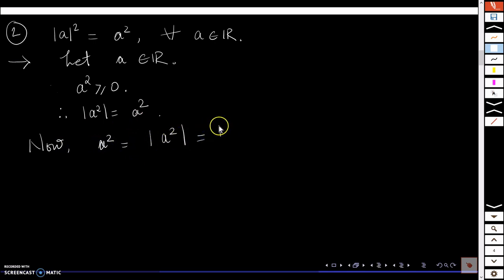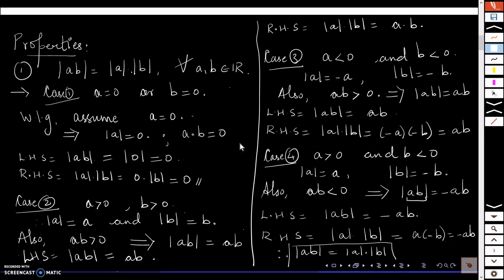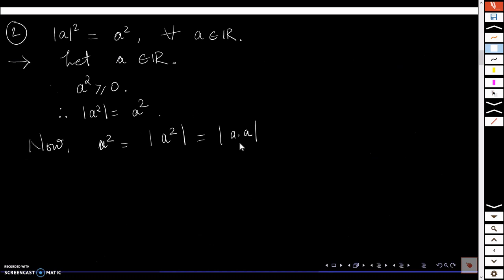Now A square is nothing but modulus of A square, and this A square I can write as A into A. So I have modulus of a product of two numbers. Now if I go back to the previous property, that tells me modulus of any two real numbers' product, mod AB, is mod A into mod B. So if I choose this second A as B and apply the previous property, this will give me mod A into mod A, by property number 1.